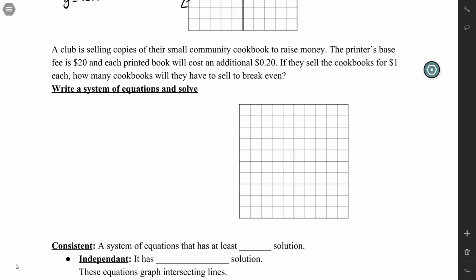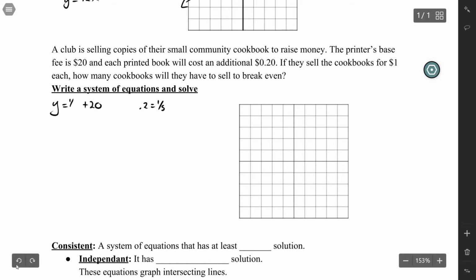The first thing I'm going to do here is write an equation, first for the cost of everything. So y equals, the base cost is 20, so plus 20 here. I know that'll be basically my y-intercept. And the slope is 0.2. That's how much every book costs. 0.2 really just equals 1/5, and that's easier to think of in terms of slope.